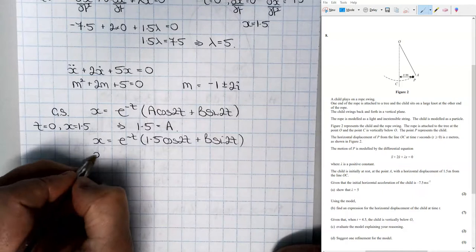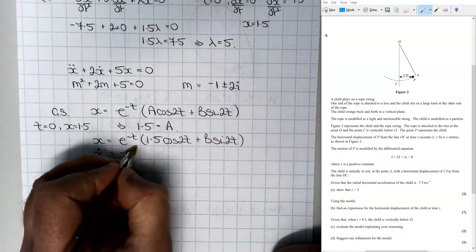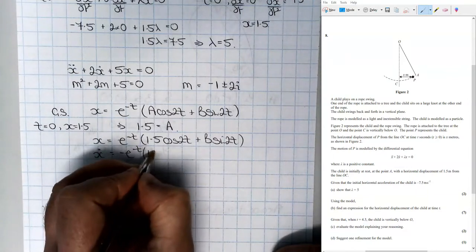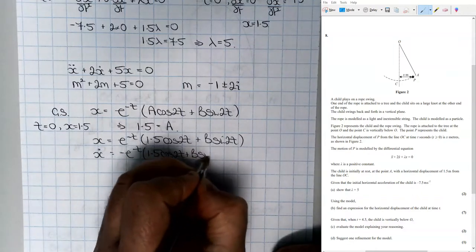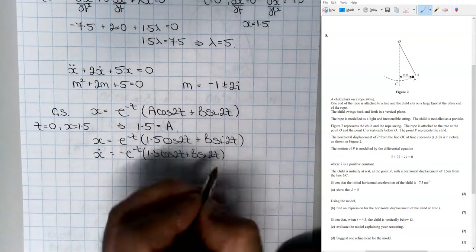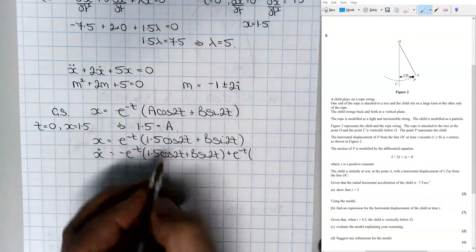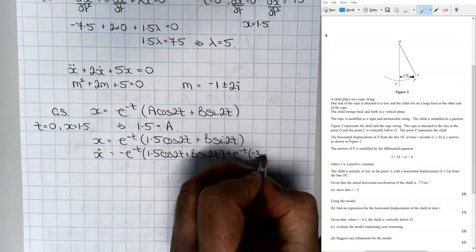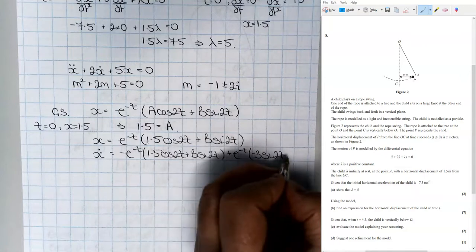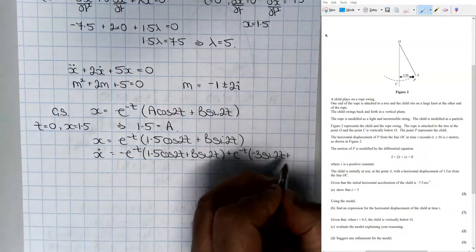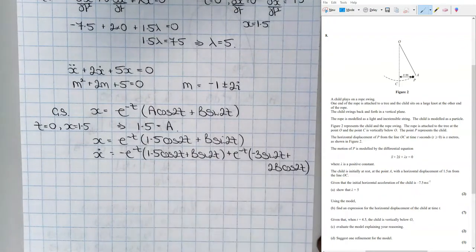Now I'm going to differentiate it. Differentiating that, using the product rule, gives minus e to the minus t times the bracket, plus e to the minus t times the differential of the bracket, which is minus 3 sin 2t plus 2b cos 2t.